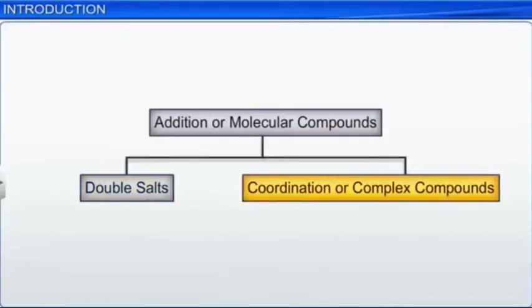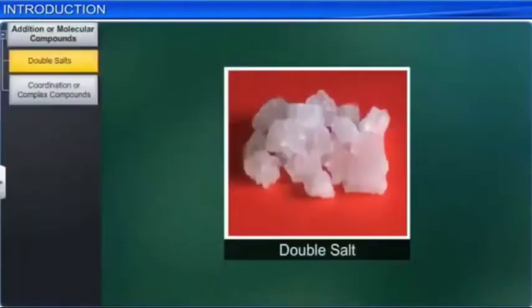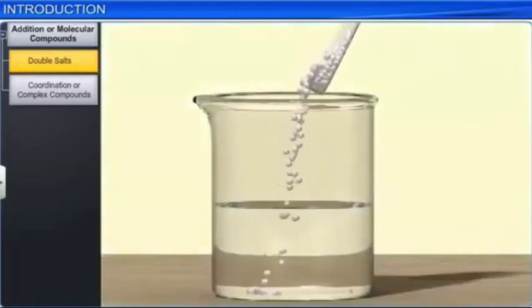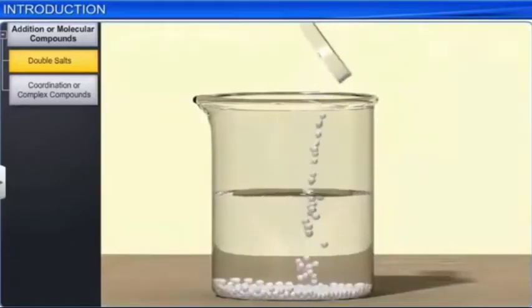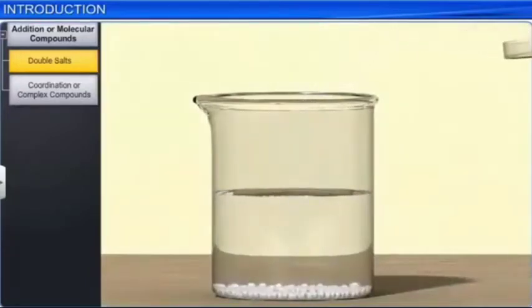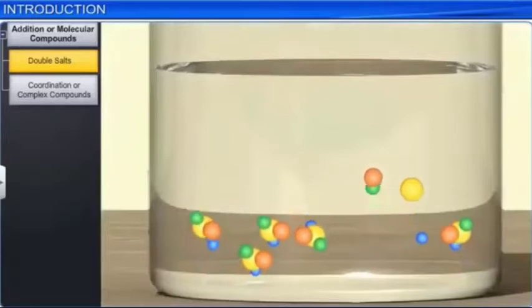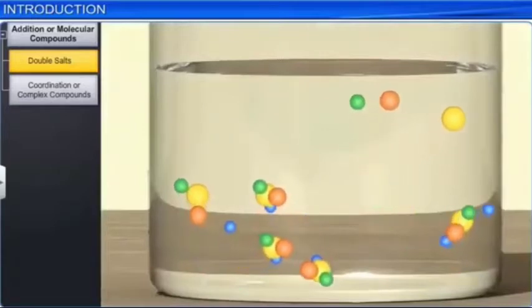Double salts are molecular compounds that are stable in the solid state but break down into individual constituents when dissolved in water. Note that the individual properties of the constituents are not lost in these compounds.